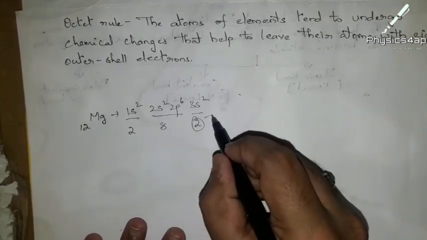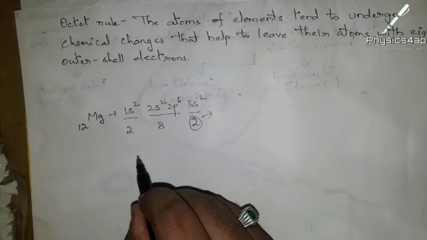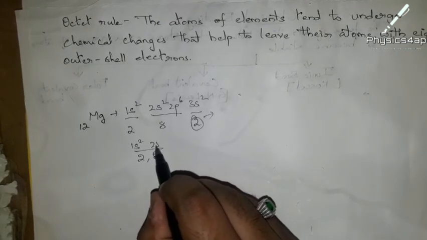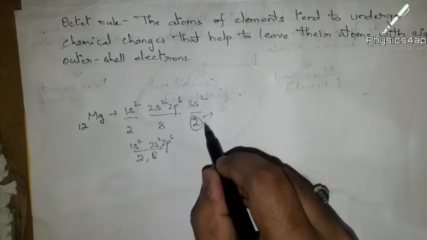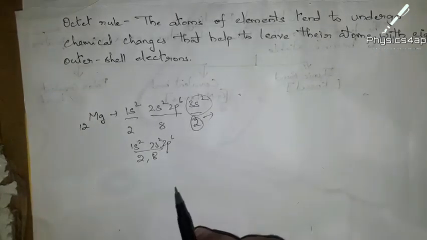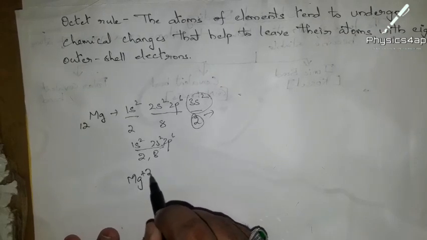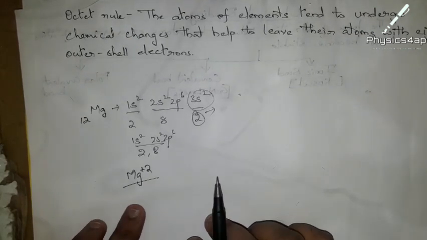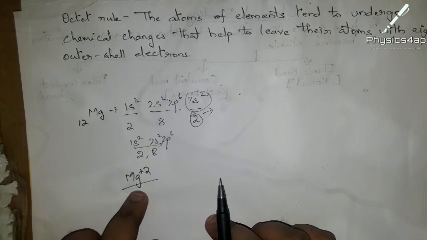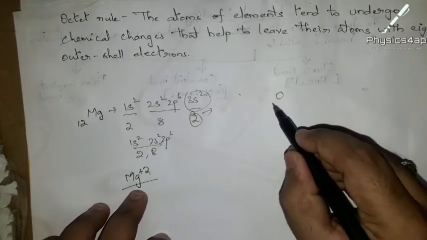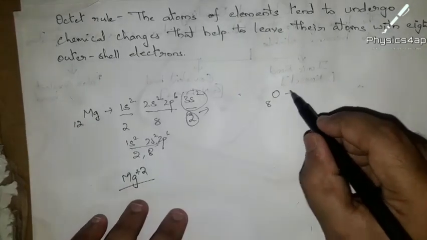When we remove these 2 electrons, we get 2, 8, that is 1s2, 2s2, 2p6, with the 3s2 removed. Now magnesium becomes Mg2+, which we call a cation, the magnesium ion.